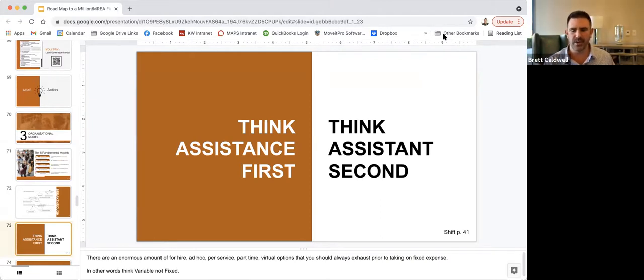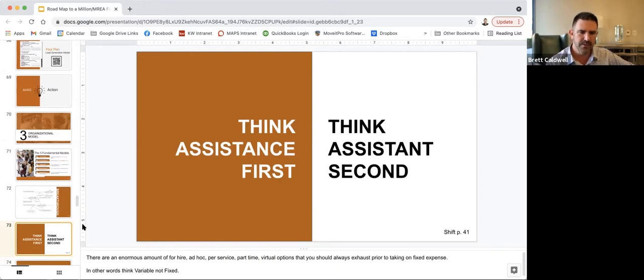We're going to talk about some examples of this, but at the end of the day, being a smart business person, we have to understand variable and fixed expense, hold money accountable. And the Shift book really highlights that with the saying, think assistance first and then assistant second.